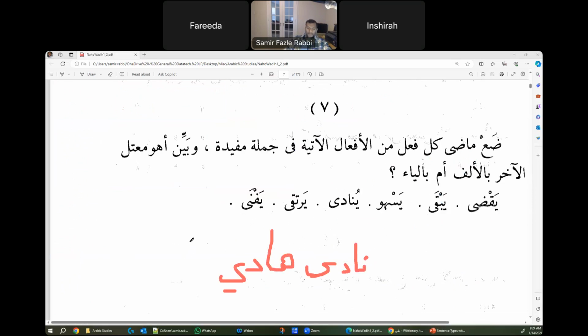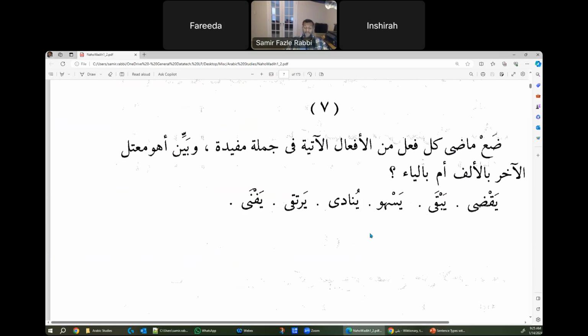Nada, Hadi, ummahu. Ummahu is going to be a fatha, because this is the maf'ul bihi. This is the hadiyun, it's going to be dhamma because it's the fa'il. And nada is fil madi, right? So that's what we have for these basic sentences, we know what's going to be.